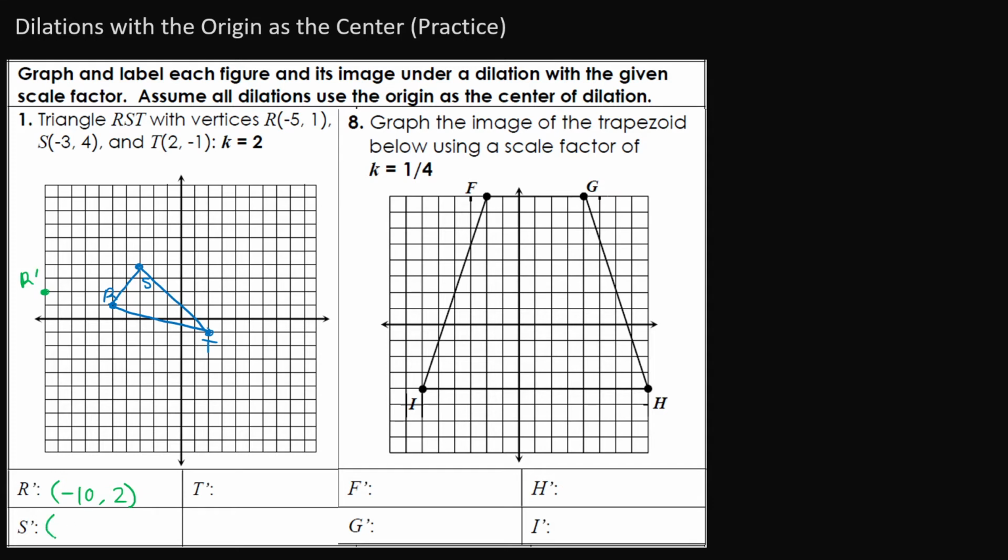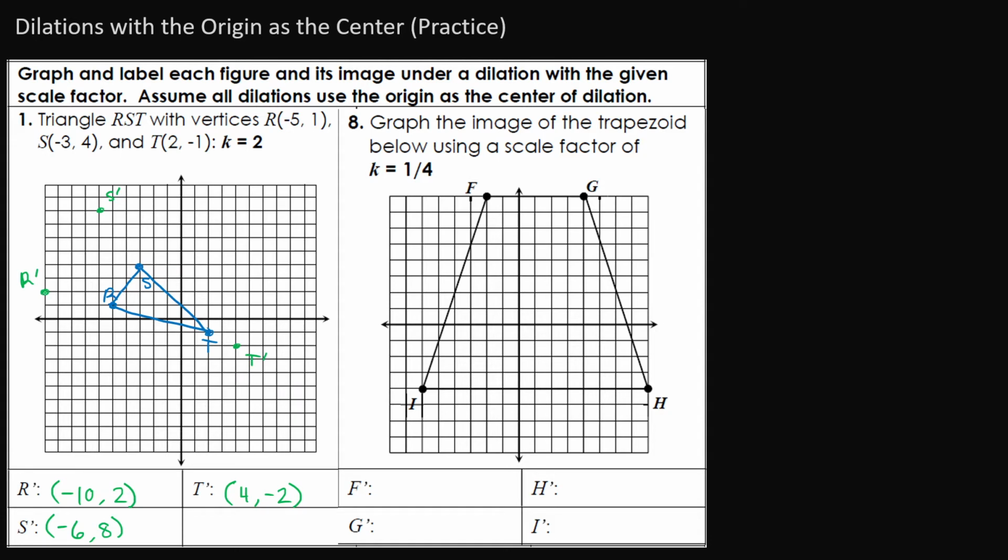S prime, multiply x and y by 2, I would get (-6, 8). And T prime, we're starting at (2, -1), so the image point would be (4, -2).